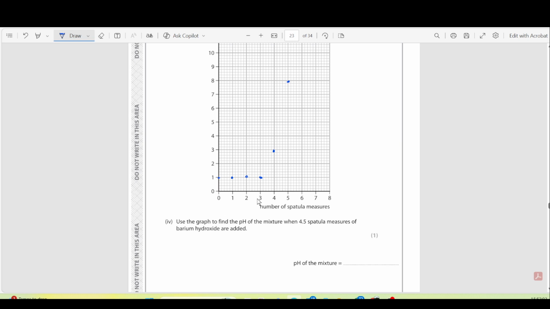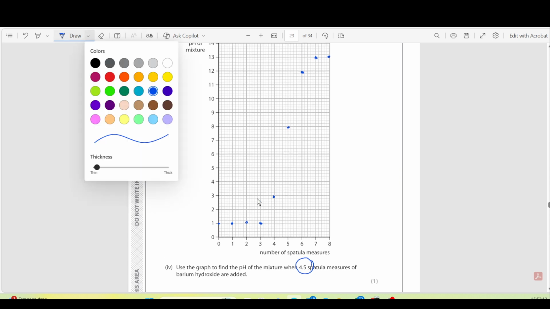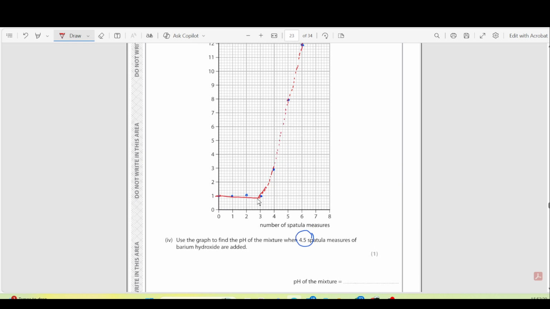Use the graph to find the pH of the mixture when 4.5 spatula measures of barium hydroxide are added. If I join the points, the graph first is a horizontal straight line, then from here to here it is kind of a straight line, then it goes up like this.